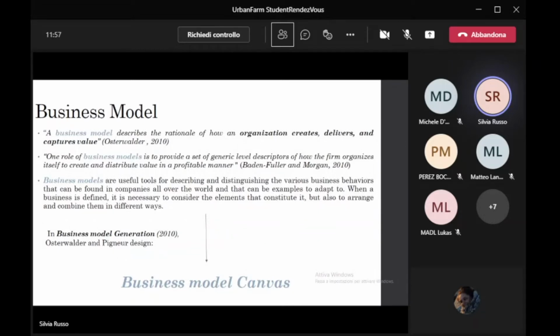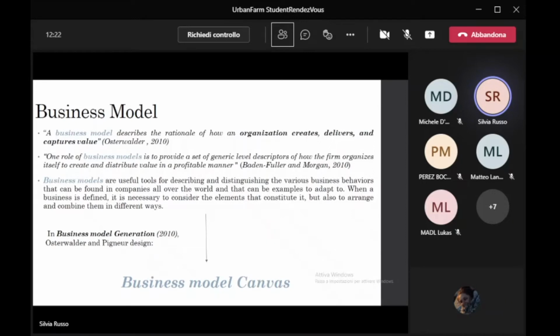In the last years, many researchers have studied and tried to give a definition of the business model concept, and the most widely used definition is the one given by Osterwalder, who states that a business model describes the rationale of how an organization creates, delivers, and captures value.